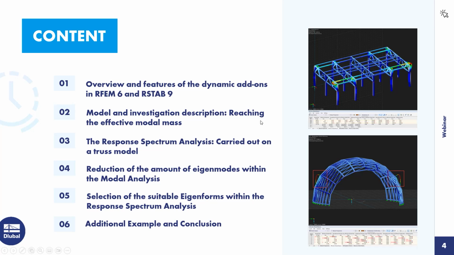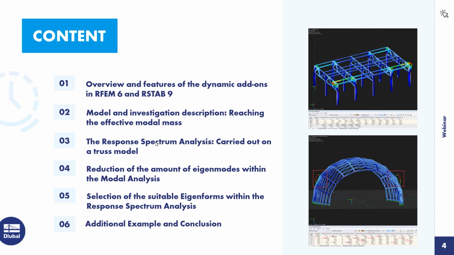So let's start with how we're gonna proceed through this problem. First, we will give an overview over the features and the add-ons within the dynamics part of the program. Then we will continue with the model on the top right side.